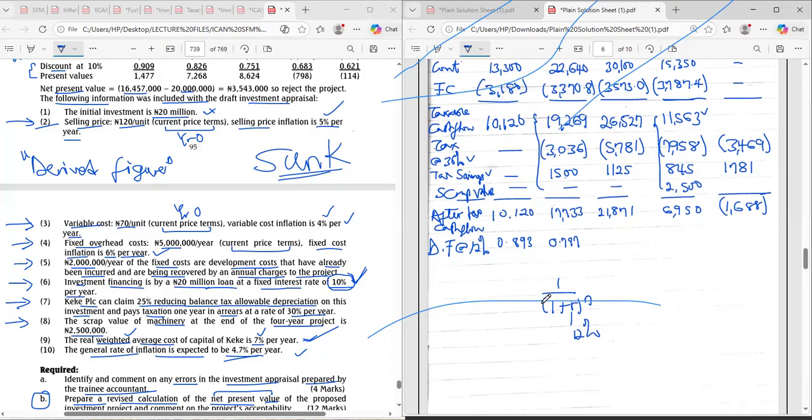Next. Year 4 is 0.6355. Final one, 0.567. Multiply. Let's get our present value.